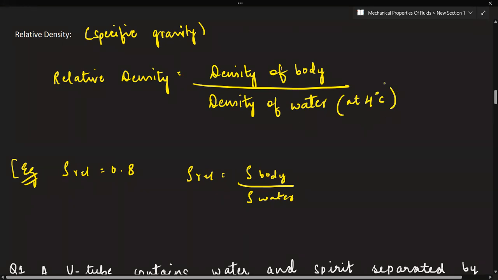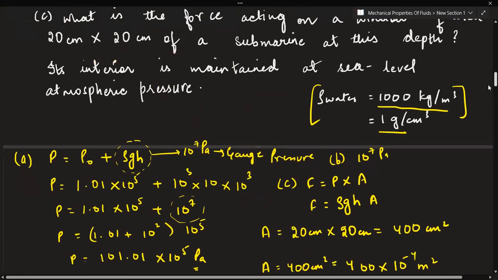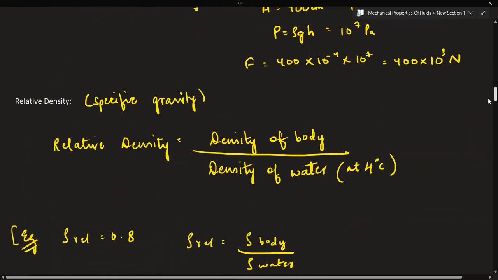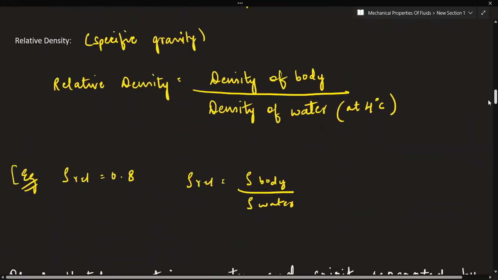And this density of water at 4 degrees Celsius is 10 to the power 3 kg per meter cube, which I've told you in the previous question. You have to remember this. This is 1000 kg per meter cube, or in CGS unit, the density of water is 1 gram per centimeter cube. So this is the density of water at 4 degrees Celsius. You have to remember that.